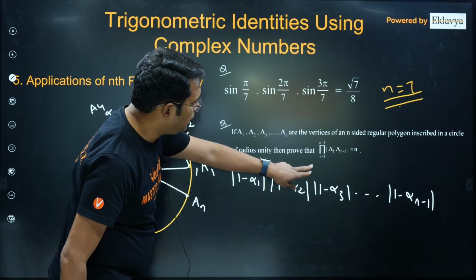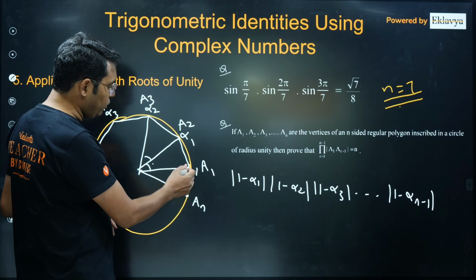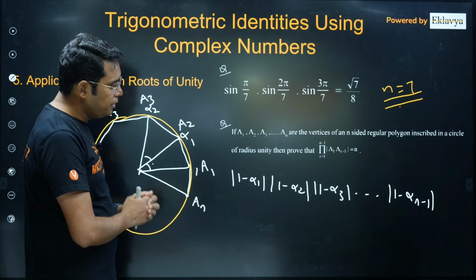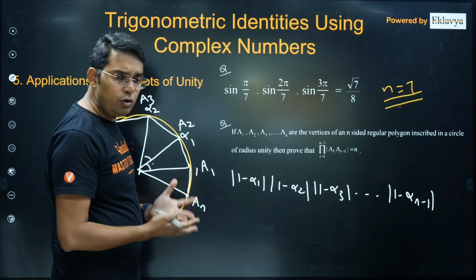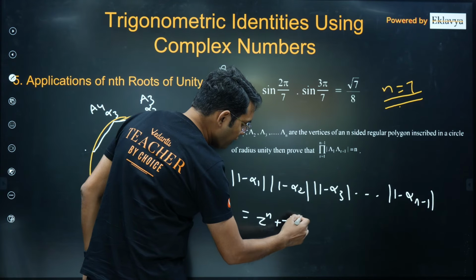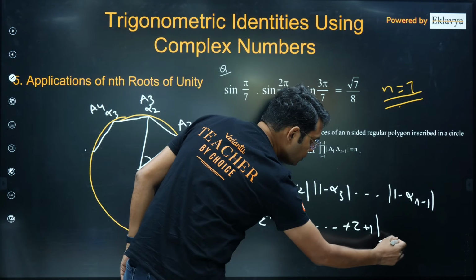When r is equal to n minus 1, the last one will be An here. So we are looking for the product of all these distances. Now, this is nothing but, if you use that factor theorem, z power n minus 1 plus z power n minus 2 and so on, plus z plus 1, when z is equal to 1.